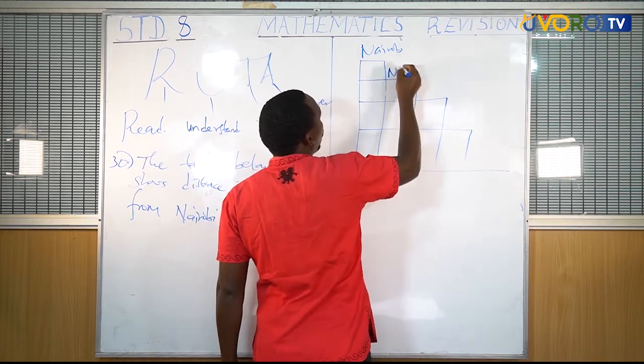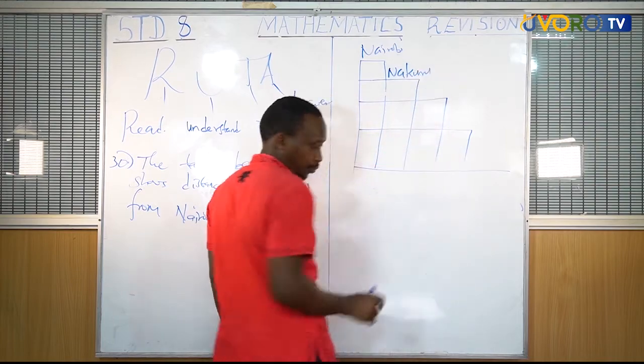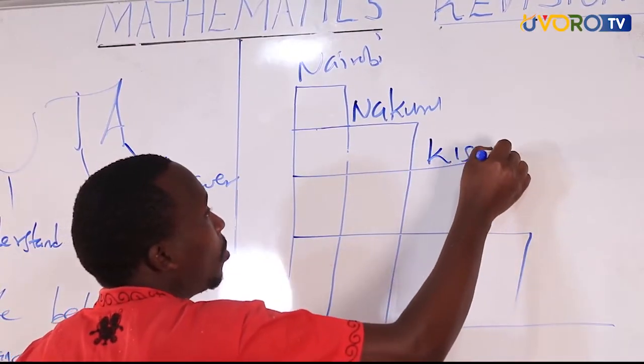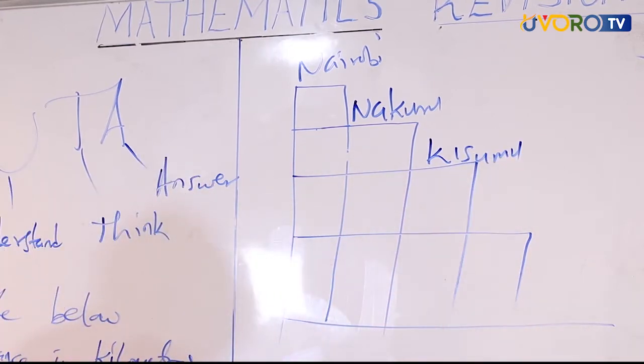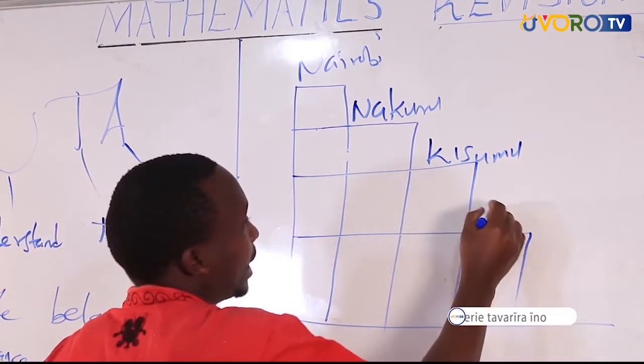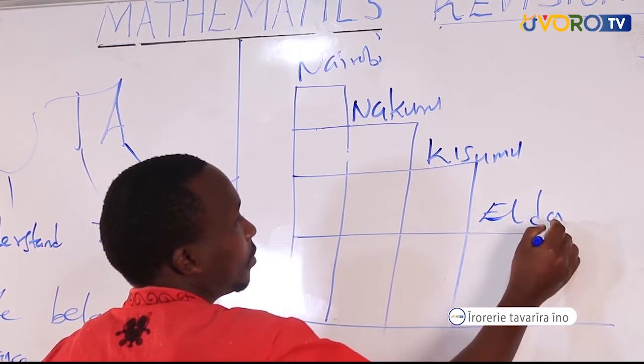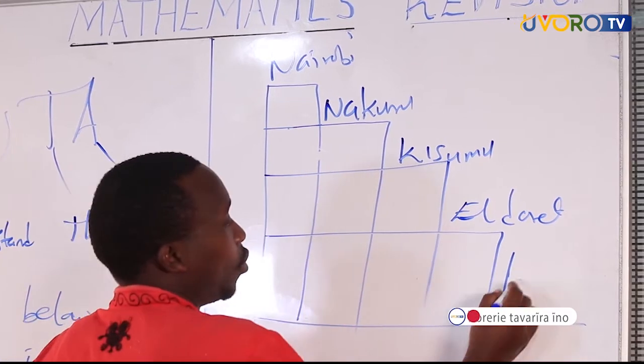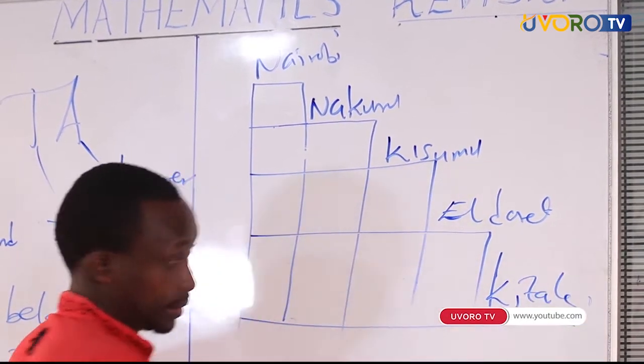We have Nakuru. We have Kisumu. We have Eldoret, and finally we have Kitale.